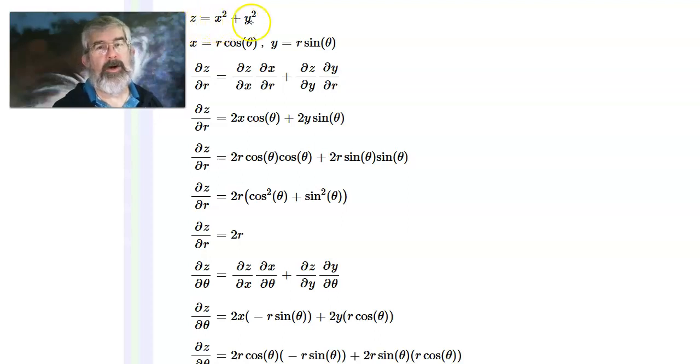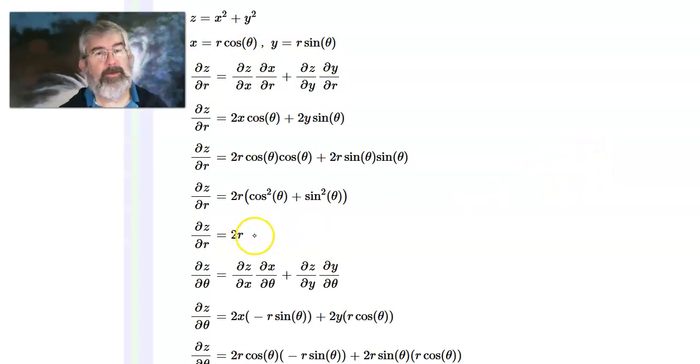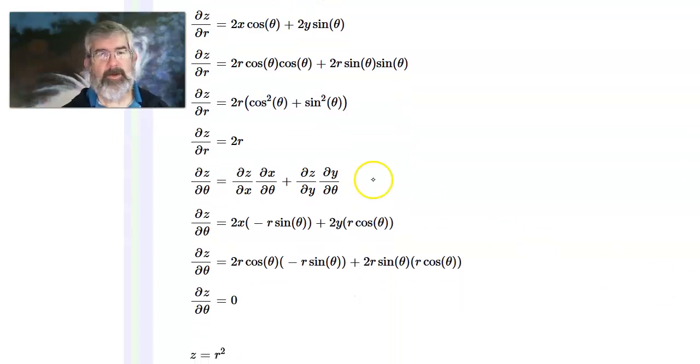Z equals r squared. Take the partial with respect to r. Well, that's going to be 2r. Z equals r squared. Take the partial with respect to theta. Well, there's no thetas in there, so it's just a constant. What's the derivative of a constant? It's 0. Okay. So there was the 2r and the 0.